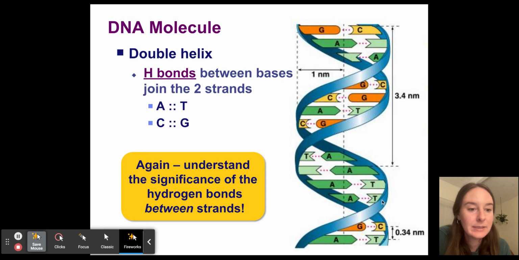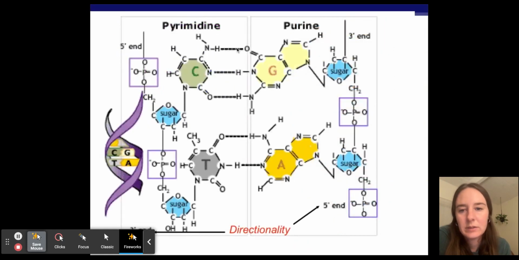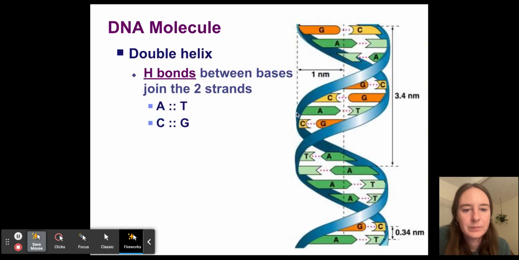If scientists are lazy, they just draw this backbone. So this piece right here, the phosphate sugar, just has this ribbon. And then in the center piece, these are the bases. So GC, AT, TA, GC, and you can see these hydrogen bonds between the bases.